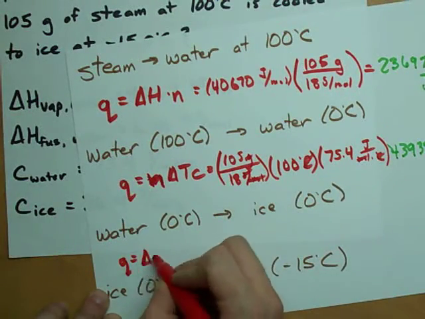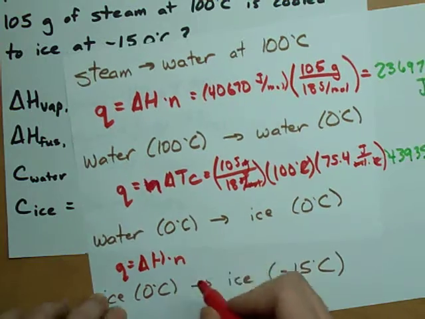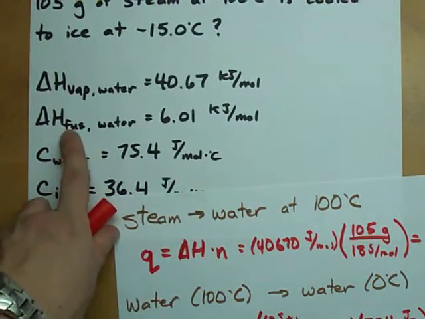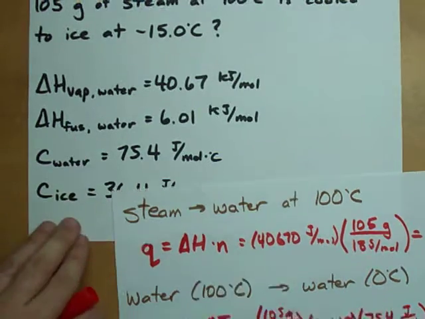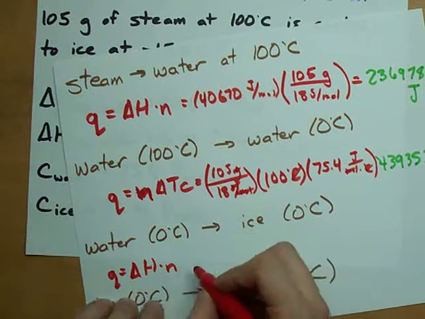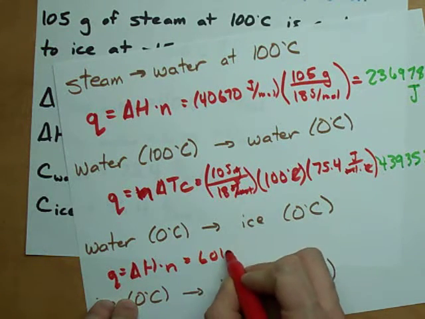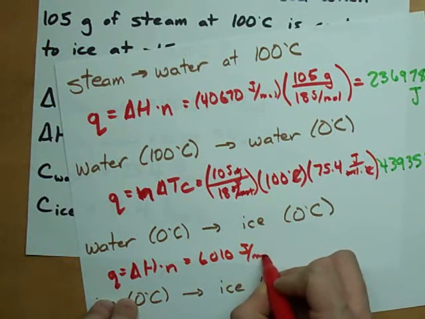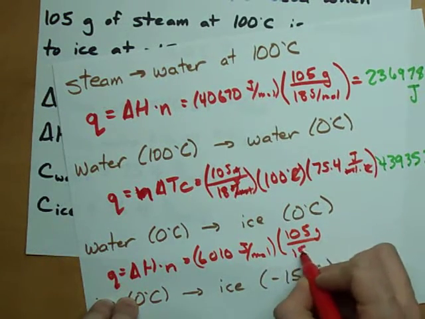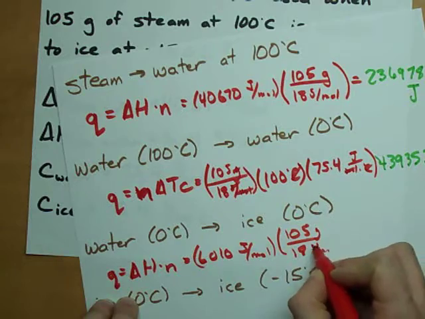All right, state transition number 2, from water to ice. For a state transition, the amount of heat released is delta H times n. The freezing, or fusion, melting or fusion of water releases 6 kilojoules per mole. So 6,010 joules per mole times the number of moles. That's 105 over 18. I'm sick of writing that.